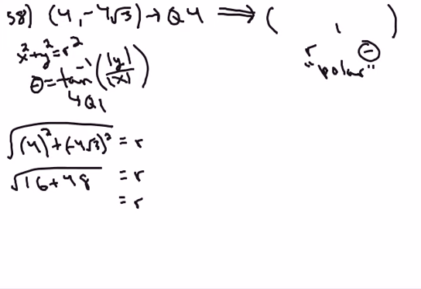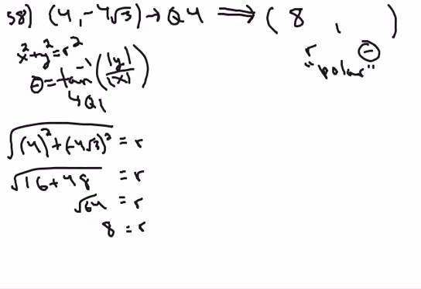Then if I add these, I get the square root of 64. So r is plus or minus 8. You can also have r be negative, but in this review packet they focus on r being positive, so I'm just going to write the positive case here. And so there's my r.